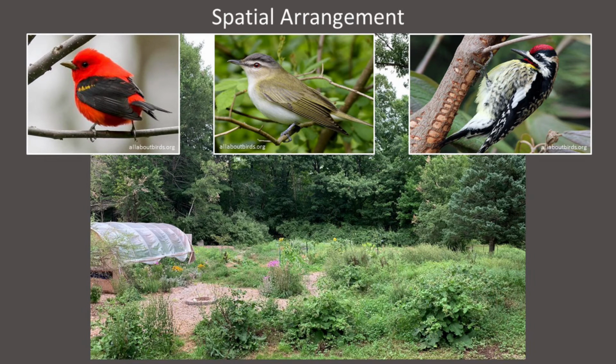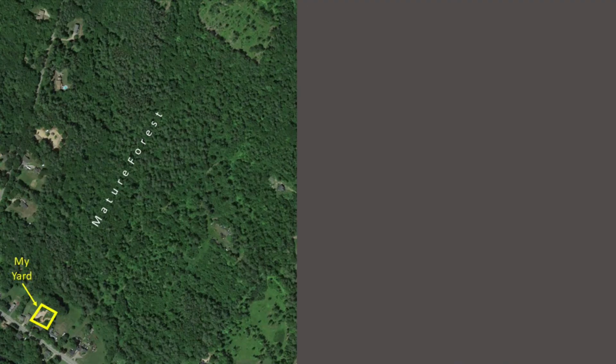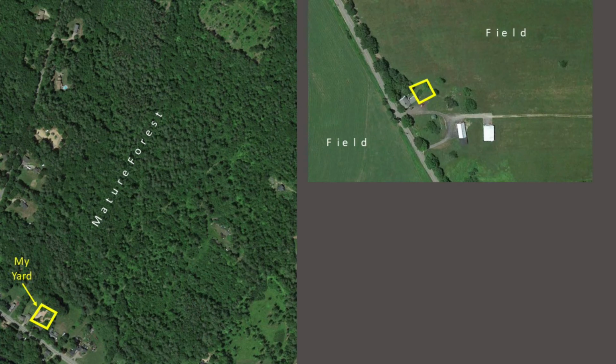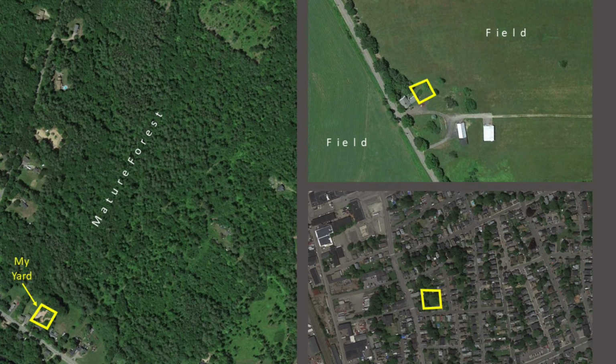These birds come into my backyard to forage for insects only because the mature forest they require is located immediately adjacent to my property, and the birds can easily access the insects in my yard. I would not expect to see these birds in my yard if my property were surrounded by large fields, or if I were in the middle of a suburban development, far away from the mature forest these birds require.